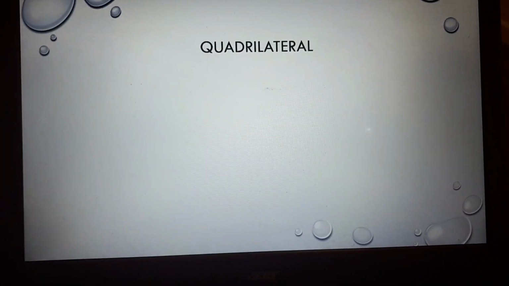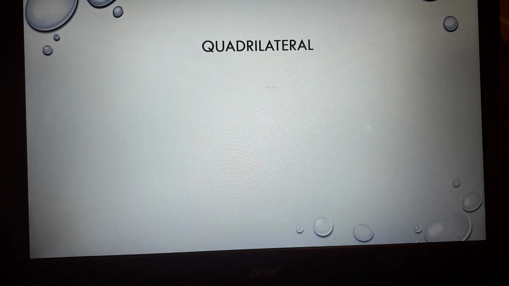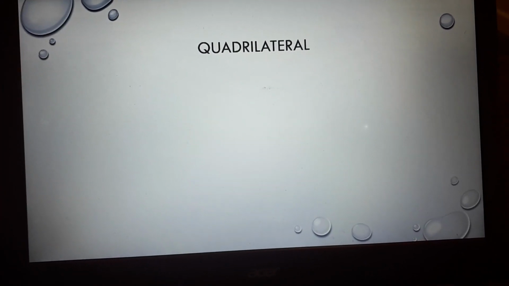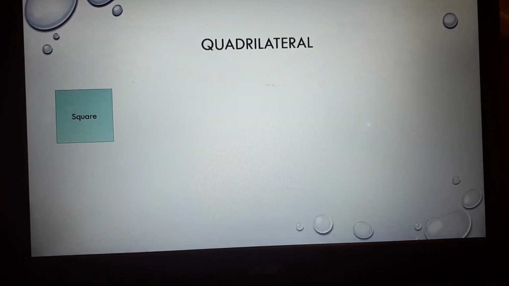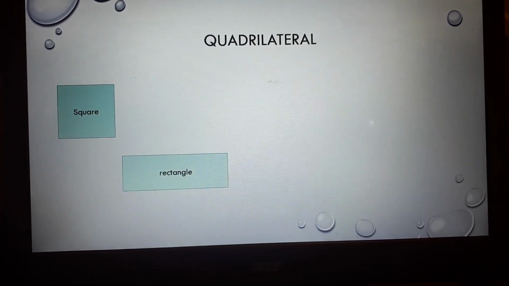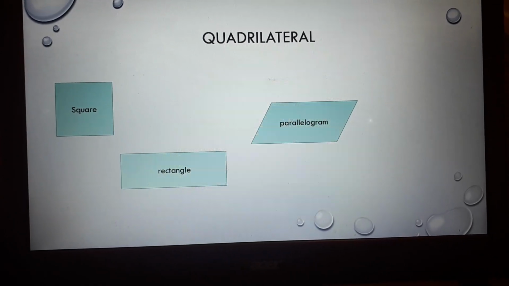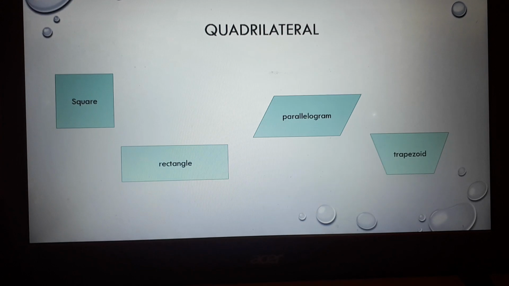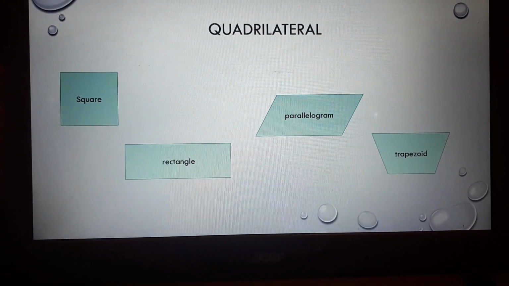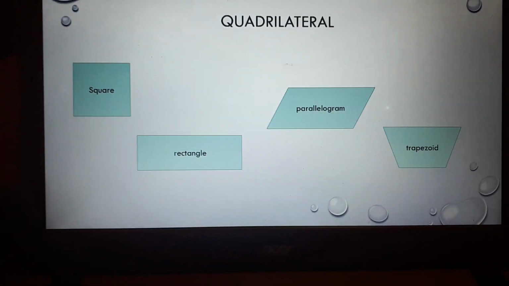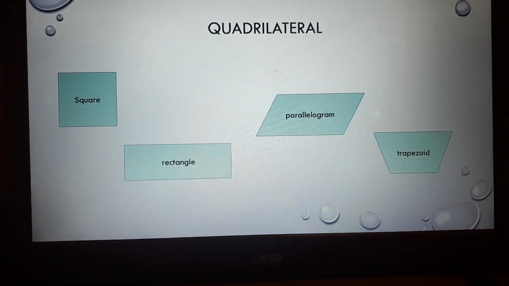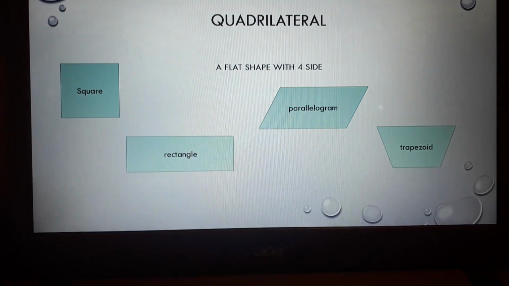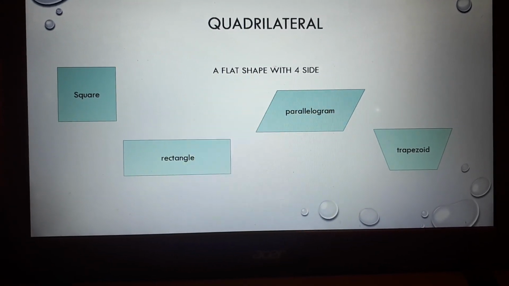Who can remember the shapes that we took last week that have four sides? Square, rectangle, parallelogram, and trapezoid. So these shapes all have how many sides? Four sides. So a quadrilateral is a flat shape with four sides.